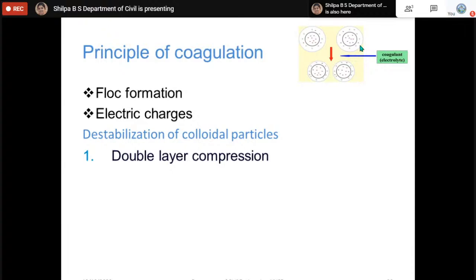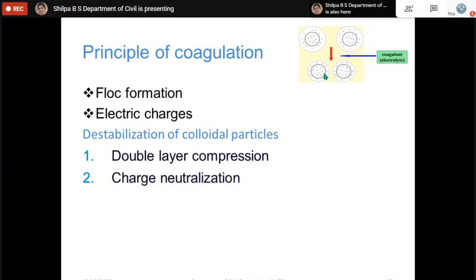As you see in the schematic sketch, the colloidal particles are negatively charged. Because of the addition of the coagulants, the hydroxides that are formed are positive in nature, so they surround the negatively charged colloidal particles. There will be formation of the double layer.